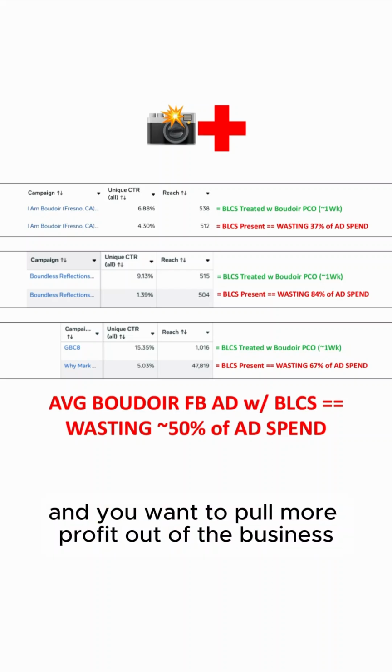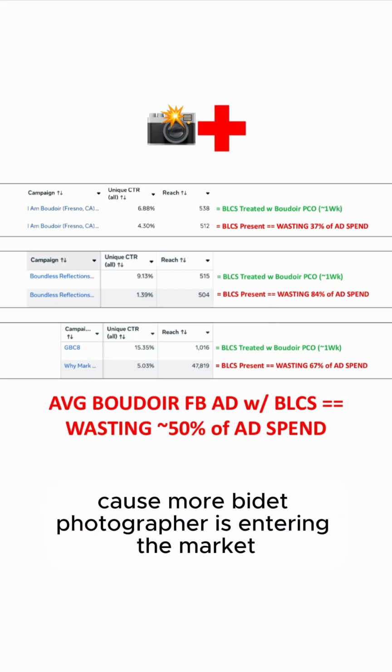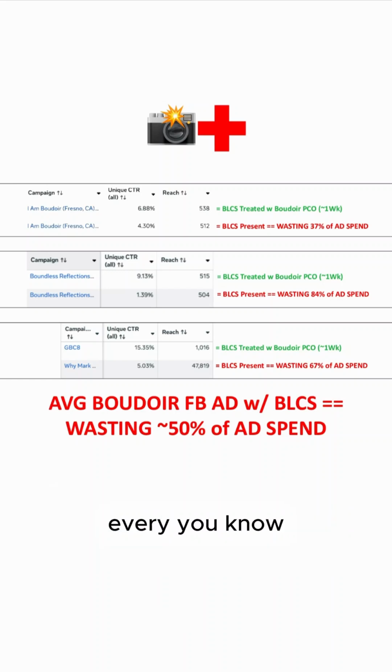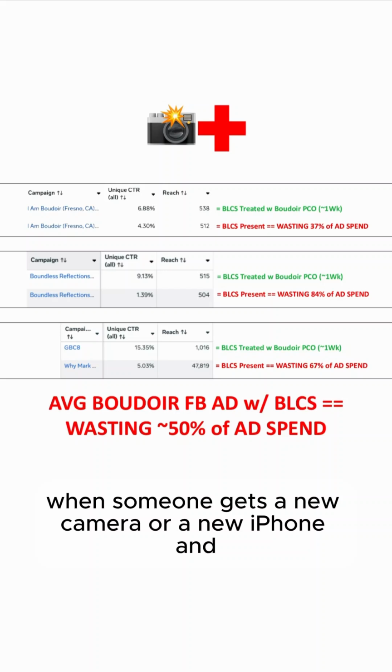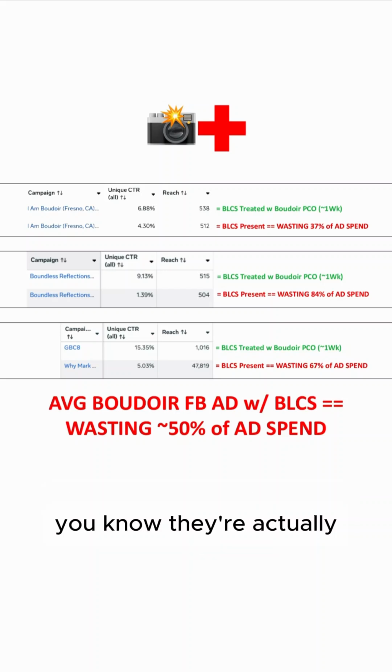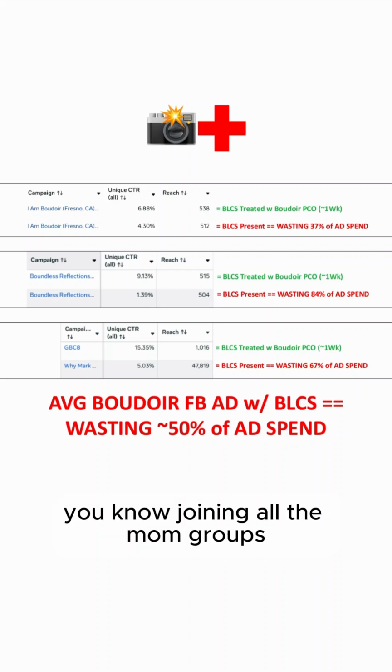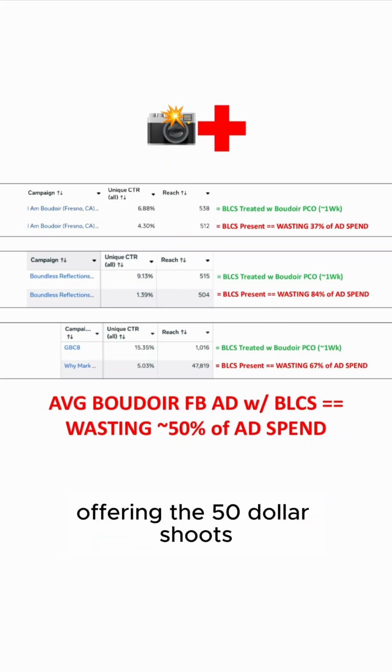and you want to pull more profit out of the business because more Boudoir photographers are entering the market every day. It seems like when someone gets a new camera or a new iPhone, they're joining all the mom groups, offering the $50 shoots.